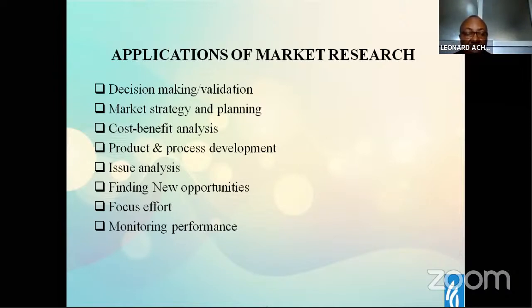Then your issues can be analyzed. Through market research, data are collected, filtered, and analyzed, decisions are taken, results are obtained. Then we can also find new opportunities in the course of market research.